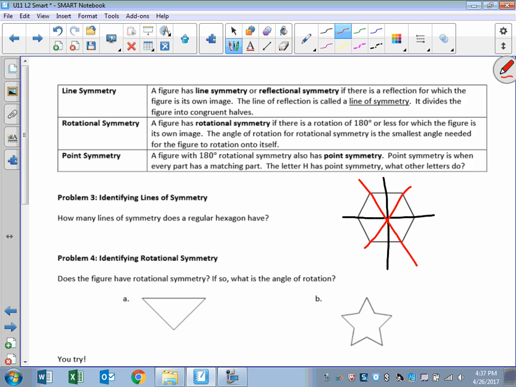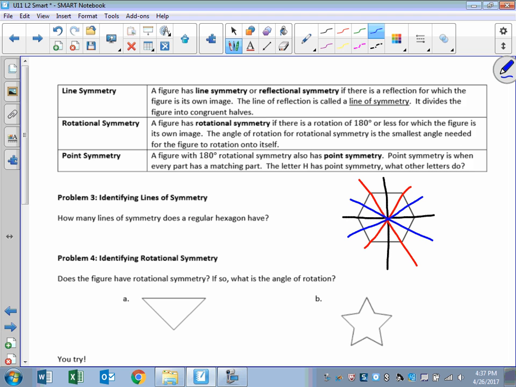Now that might look like that's it, but we actually got one more set. So we can cut those two triangles in half.